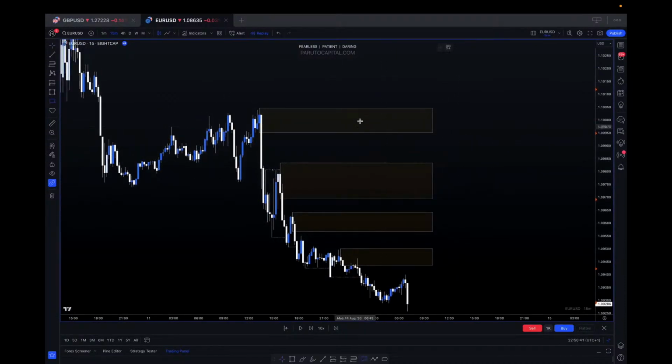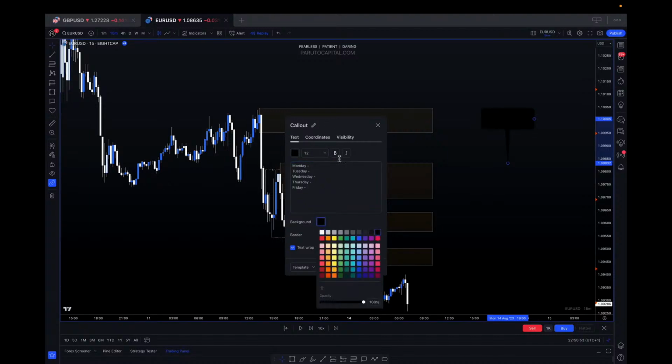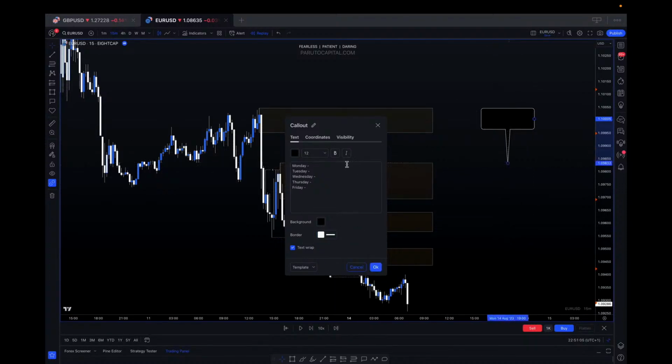And by the way, I think I have something I need to put out here. Yeah, Monday. I need to be able to catch this, but the background should be black, and the border should be white. Text should be white.